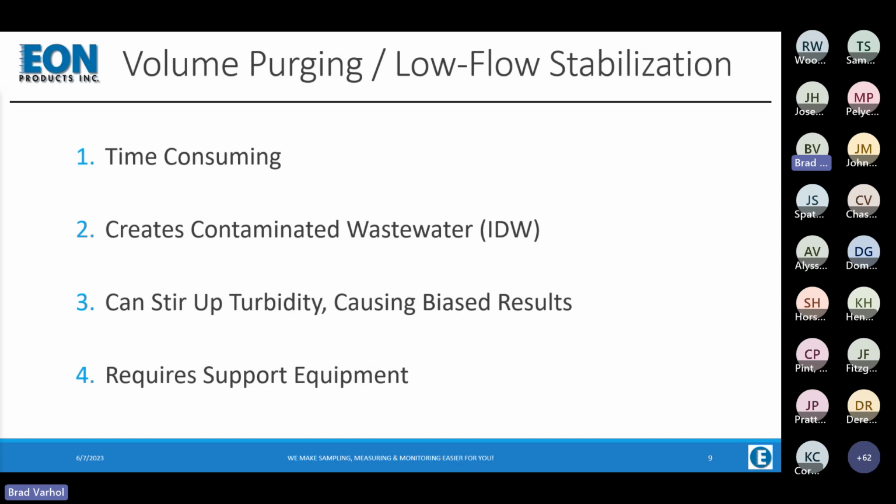A couple quick examples would be metals concentrations and PFAS concentrations. Those contaminants tend to glob onto colloids, and if we have colloids or fine sediments in the well, we're going to increase the concentration measured at the lab unless they're filtered. And we also raise the reporting limits, so we can't get quite as fine a definition of the concentrations.